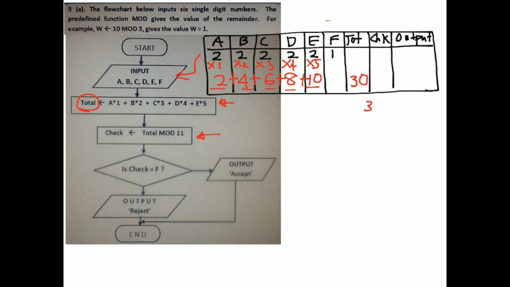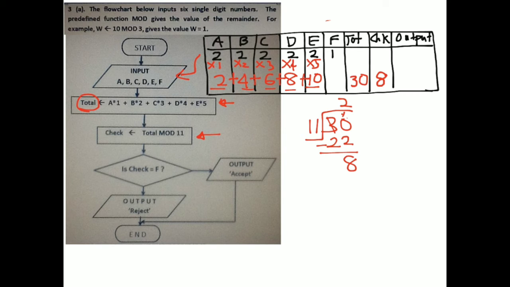Okay, so you divide 30 by 11. You get 2 there, 22. When you minus that, 10 minus 2 will be 8. So your check mod value is 8.